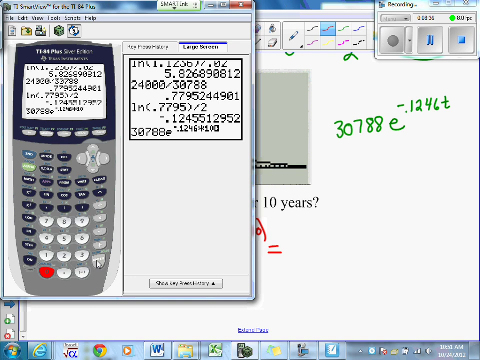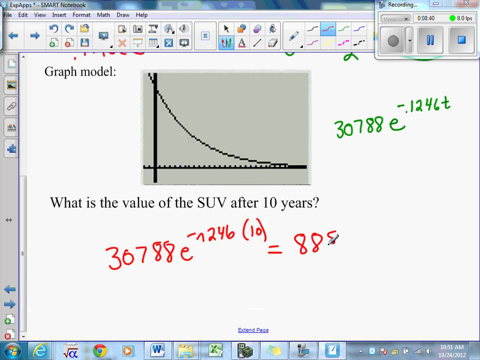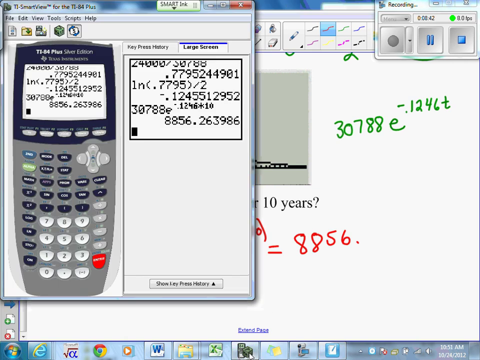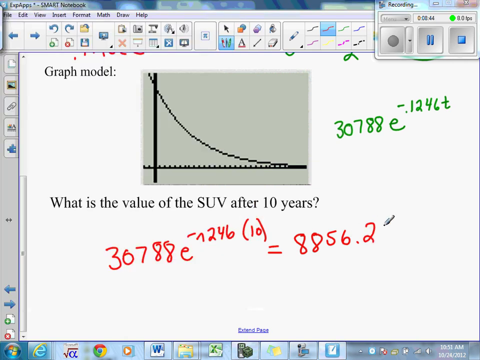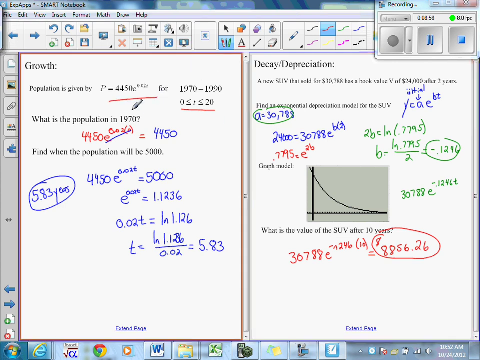You have parentheses as the exponent. And we get 88,056.26. So after 10 years, the value of the car is $8,856.26.